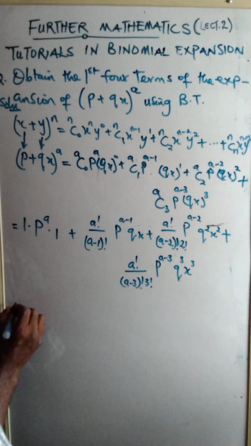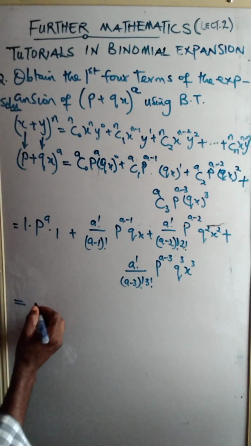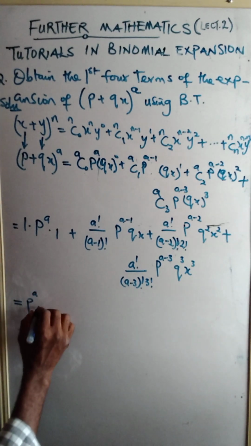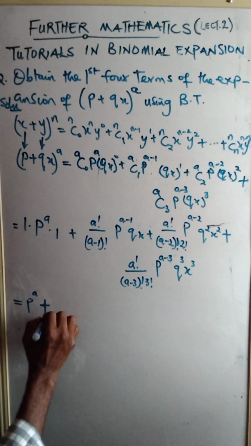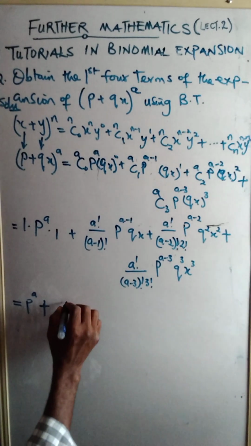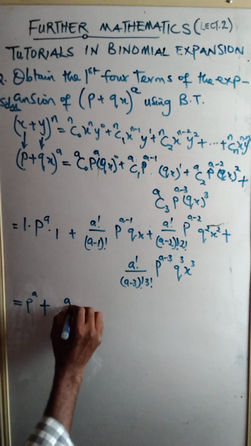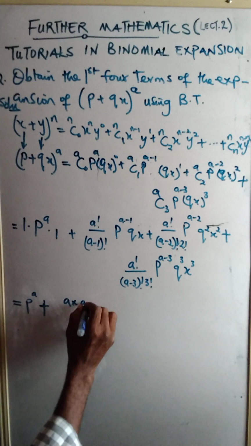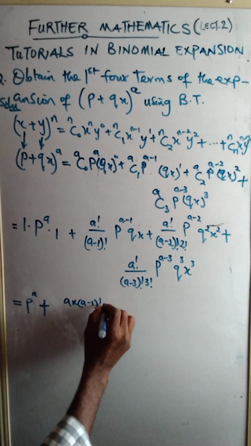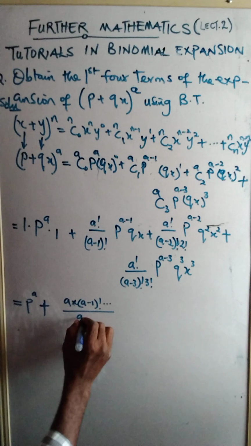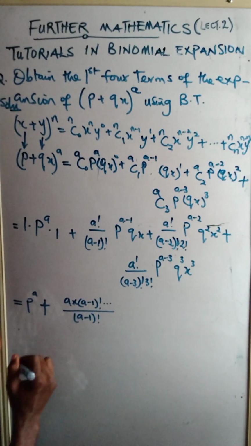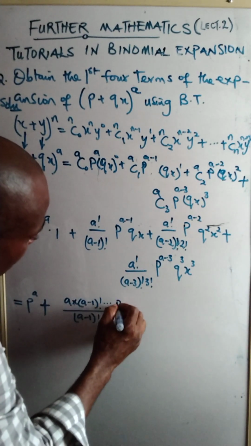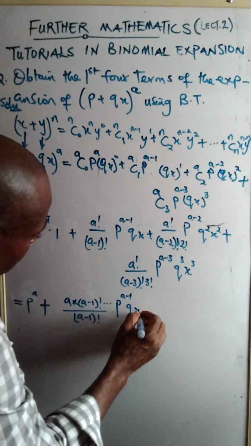So finally, the expression standing, we have our p raised to power a, all plus, we have a factorial, which means we have a times a minus 1 factorial. It continues like that, and then you have a minus 1 factorial. All right, so the further simplification of that will be p raised to power a minus 1 qx.